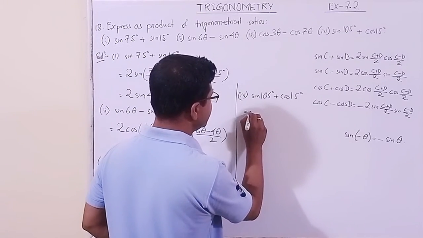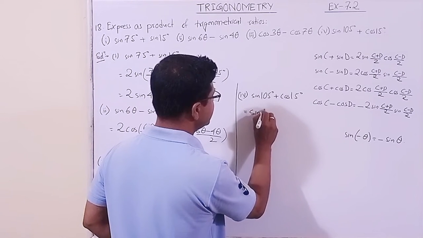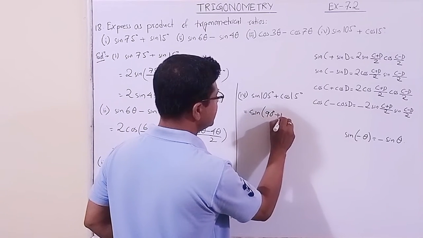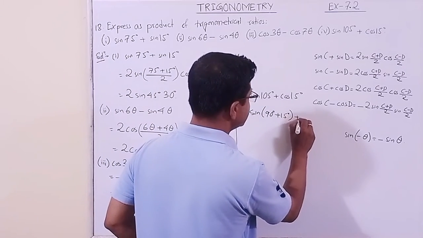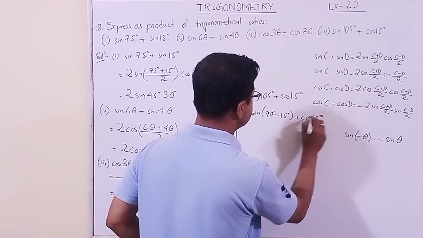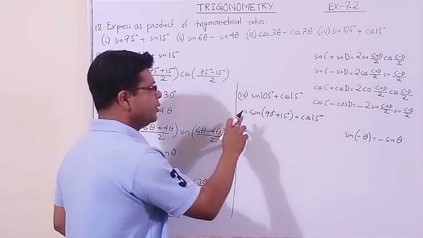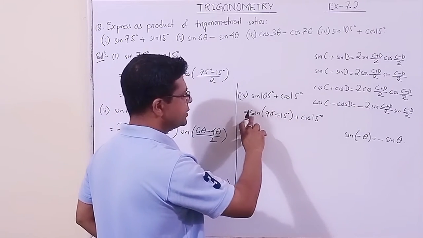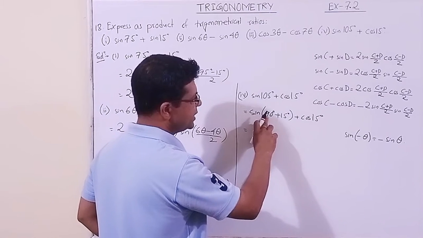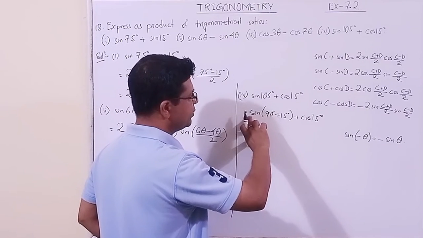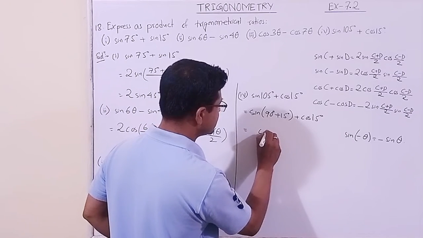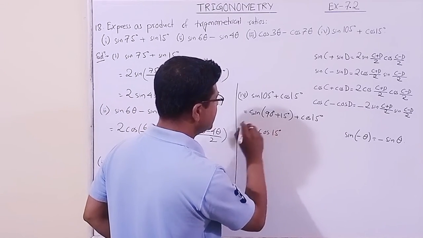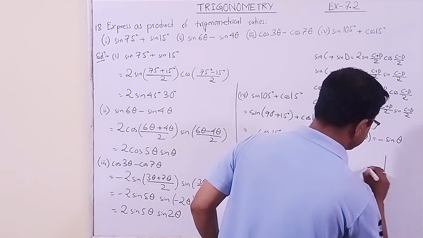Sin 105 degree can be written as sin of (90 degree plus 15 degree), because 90 plus 15 is 105, plus cos of 15 degree. Now, dear student, we already know that for sin, cos, whatever, if it is in the form of an odd multiple of 90 degree, we have to write the complementary one. What is the complementary of sin? It is cos of 15 degree. Got it? Now in which quadrant is it?